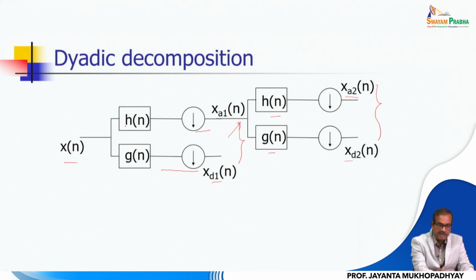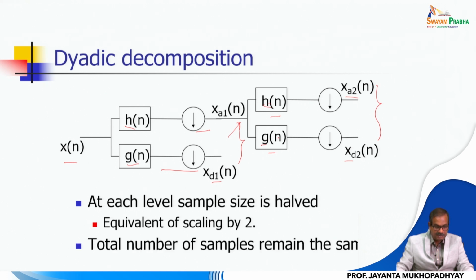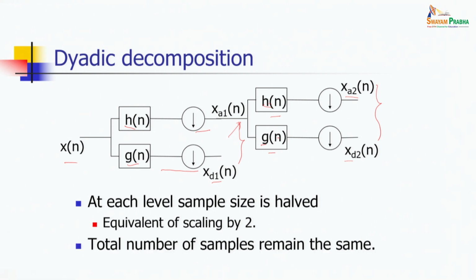Now since you are using the same pair of Hn, Gn, your synthesis filter bank also remains the same. That is the advantage. So these are certain tricks, I should say, or good techniques which are used in getting wavelet transforms. As you can see, at each level the sample size is reduced, equivalent to scaling by 2, so the total number of samples still remains the same.